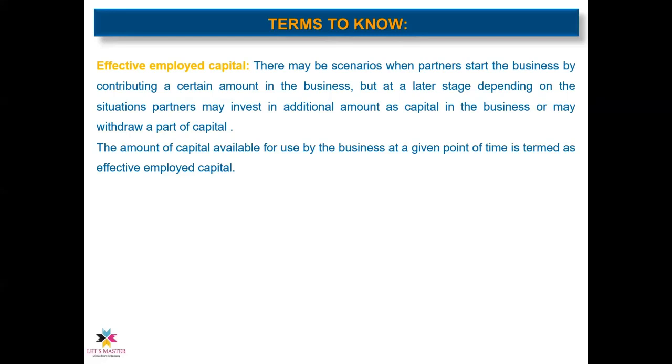And for the rest 7 months, we will calculate interest on capital for rupees 50,000 because for the last 7 months of the accounting period, the amount available for business was rupees 50,000. So any amount that is available at a particular time for usage by the business is known as effective employed capital. And interest on capital is always calculated on effective employed capital and not on the opening or closing balance of the capital account.